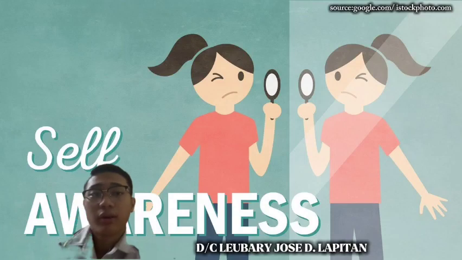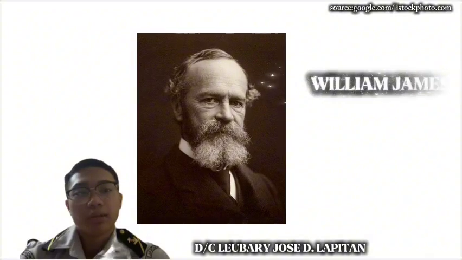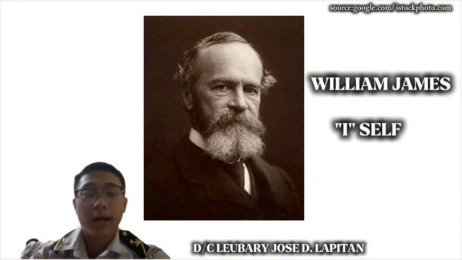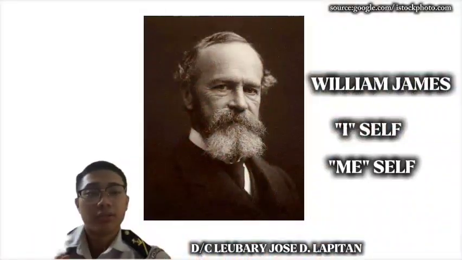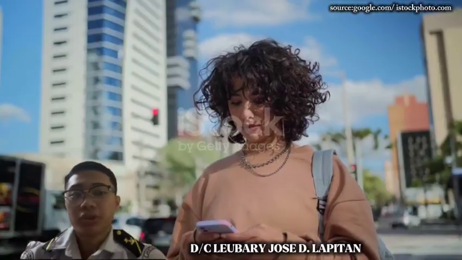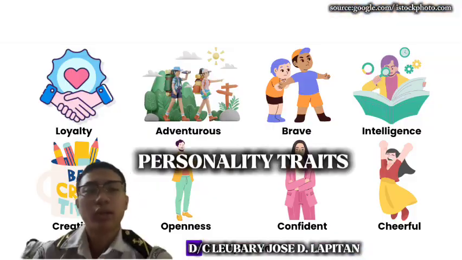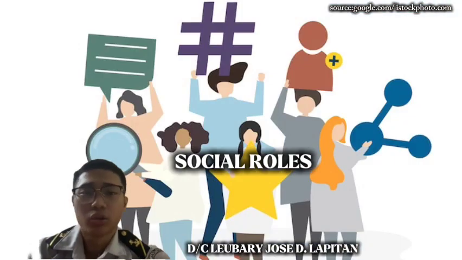Rather than existing solely as a physical being, William James explained that the self has two interconnected parts: the I self, which is the active, observing, and experiencing part of the person, and the me self, which includes everything a person can describe about themselves, such as emotions, personality traits, abilities, past experiences, and social roles.